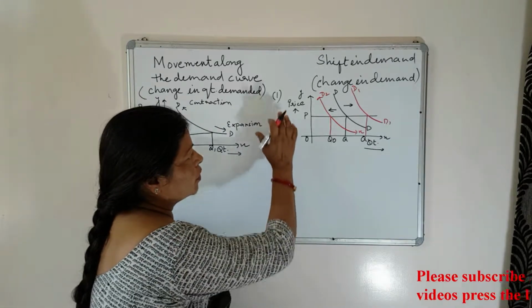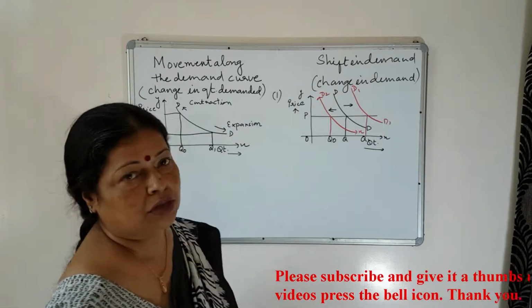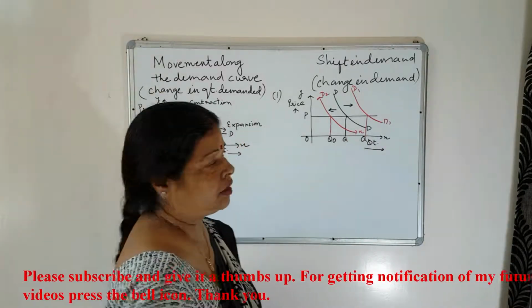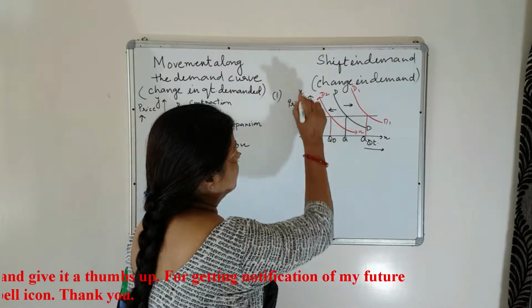Now the second important thing of this is that draw the diagram neatly. X-axis you write quantity, y-axis you write price.